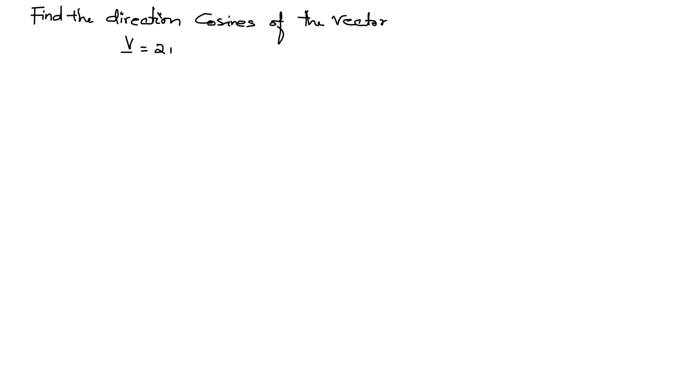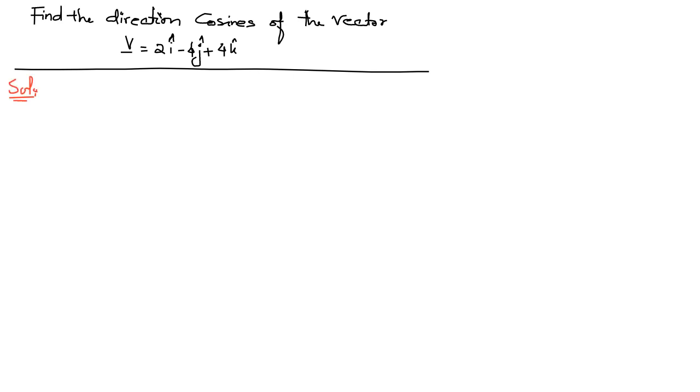Okay, so the question is: find the direction cosines of the vector v equal to 2i minus 4j plus 4k. How can we find the direction cosines?